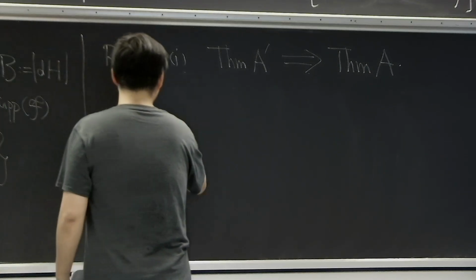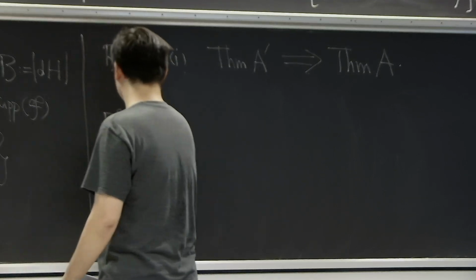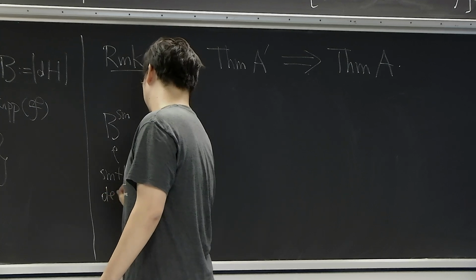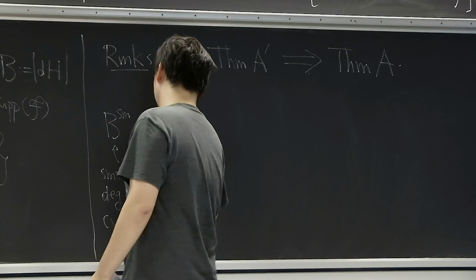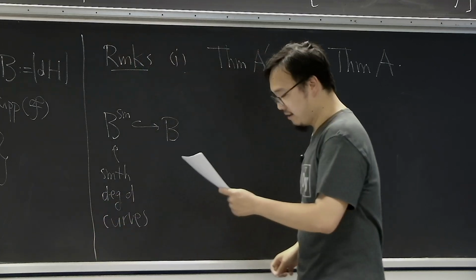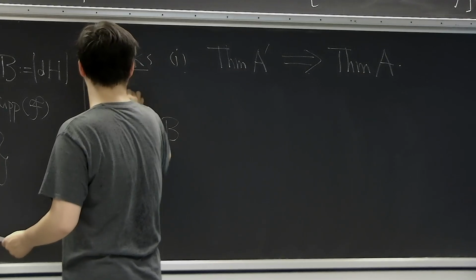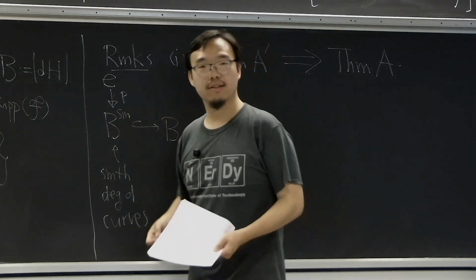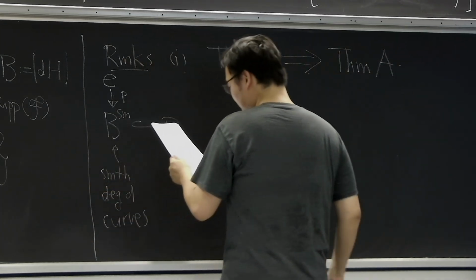We consider B smooth to be the locus of smooth degree d curves, which is a Zariski open subset sitting inside the entire B, for which we can consider the universal curve. I'll call this P. So P is the universal degree d smooth curves over some open subset of B smooth.